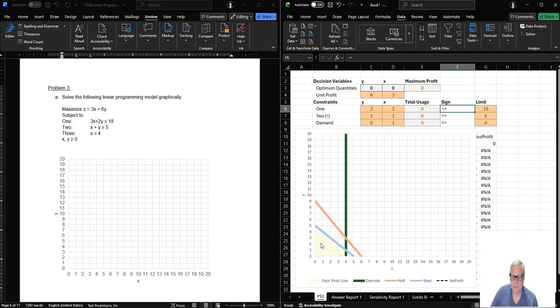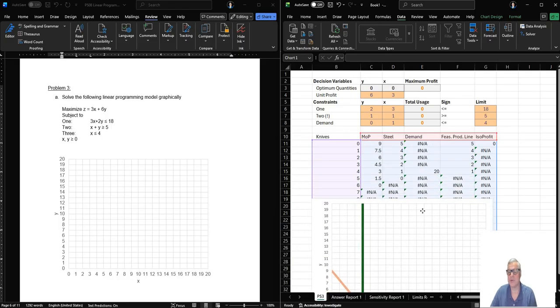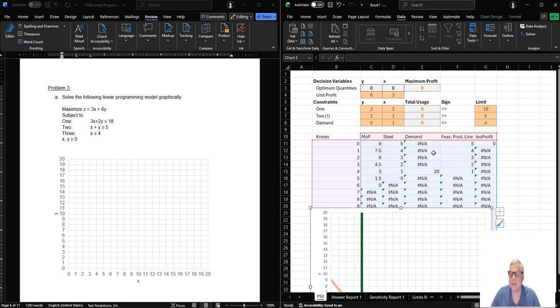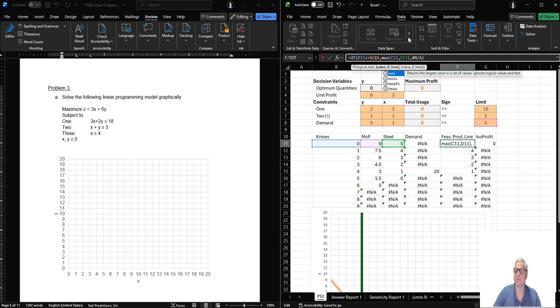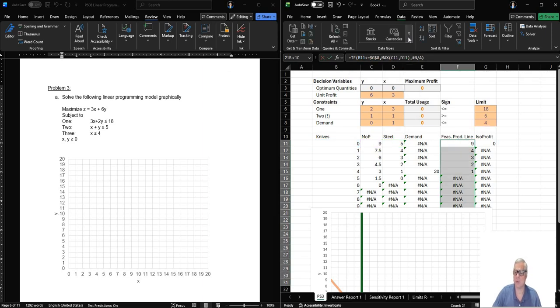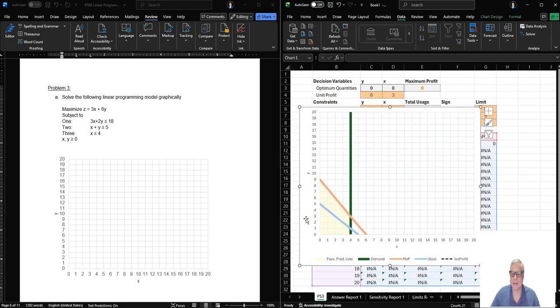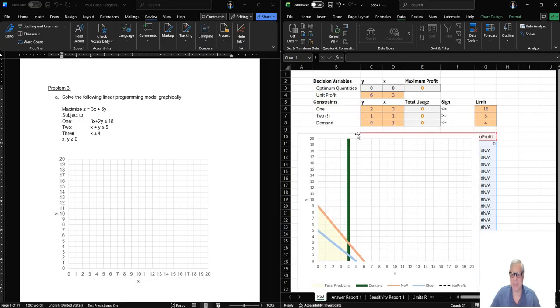It's a little bit difficult to illustrate it in Excel, because what I could do is, yeah, I could change, for example, the area of feasible production, not to min, but to max. Okay, and then I copy down this one. But now you see it also highlights everything below the blue line, which it shouldn't do.